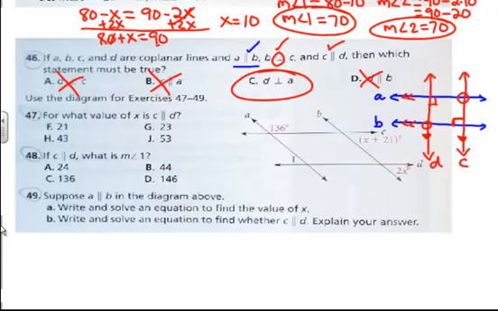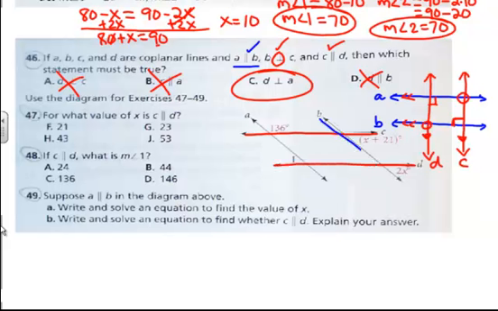Alright, number 47. Use the diagram. For what value of x is C parallel to D? Okay, I've got to find C. Got to find D. I have to find a line that intersects both. I'm dealing with this marked angle and this marked angle.